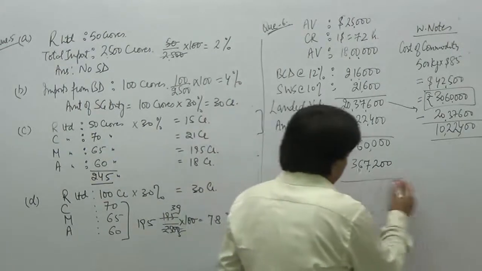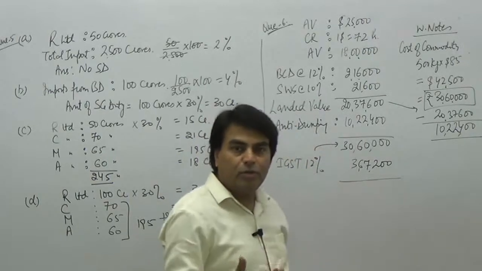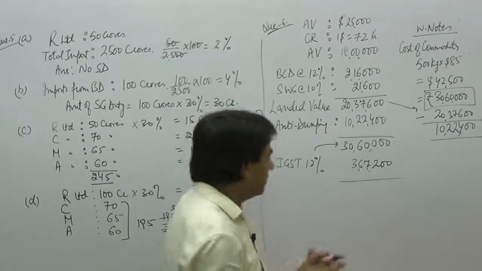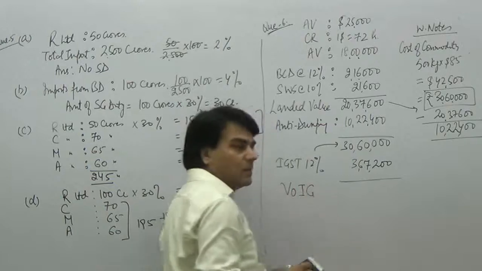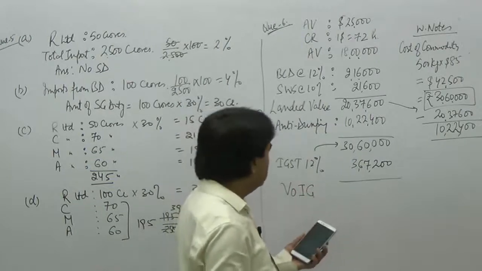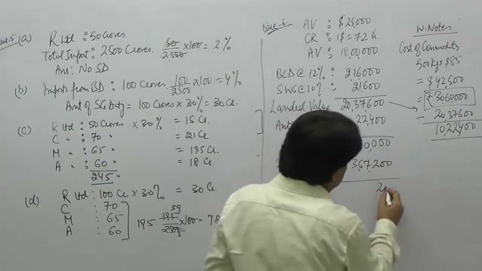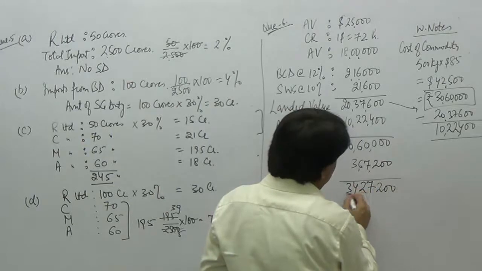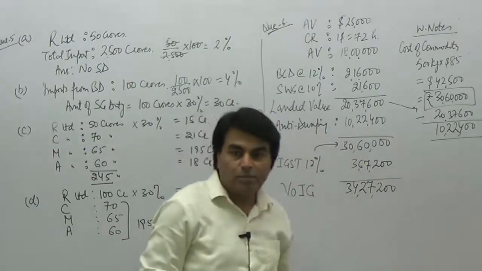Now let us compute the value of imported goods plus duty payable. Okay. So the value of imported goods, or the total cost to the importer, is this. Add this and this. It would be 34,27,200, the total cost to the importer.